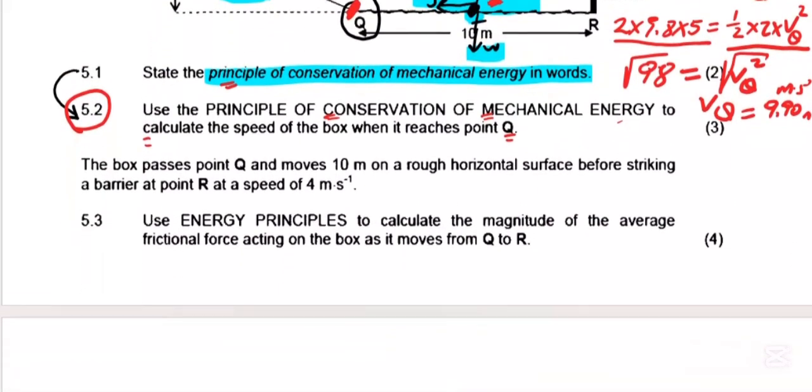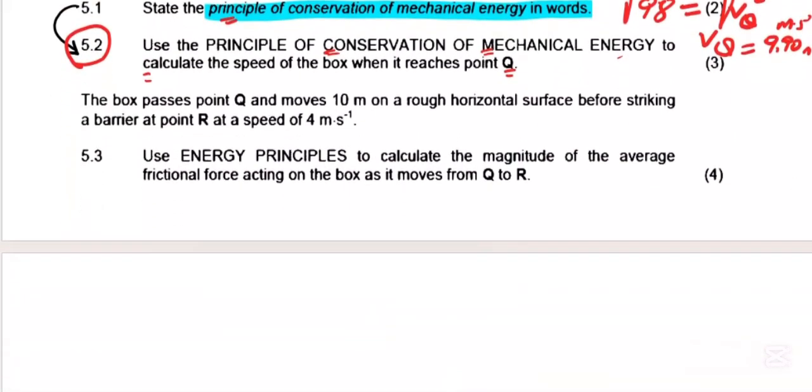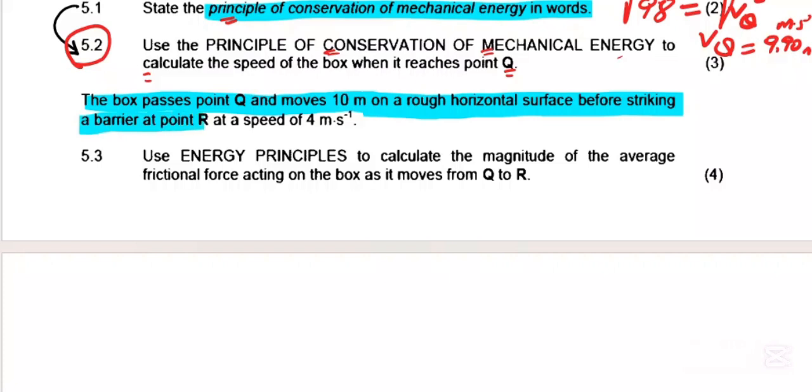Then let's continue with what they say. The box passes Q and moves 10 meters on a rough horizontal surface before striking a barrier at R at a speed of 4 meters per second.